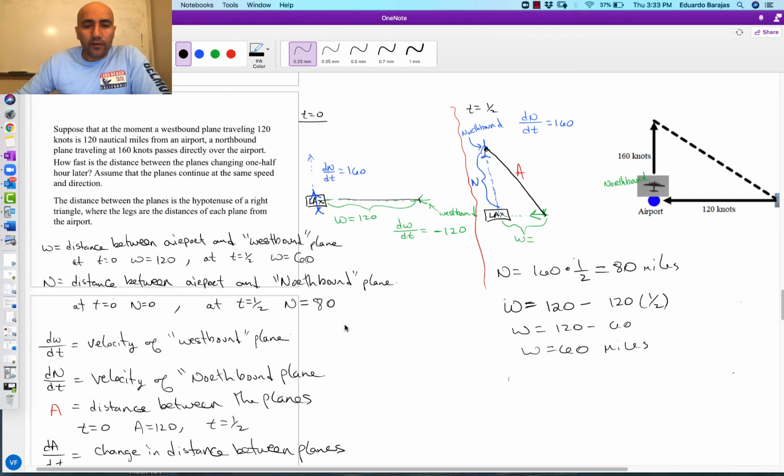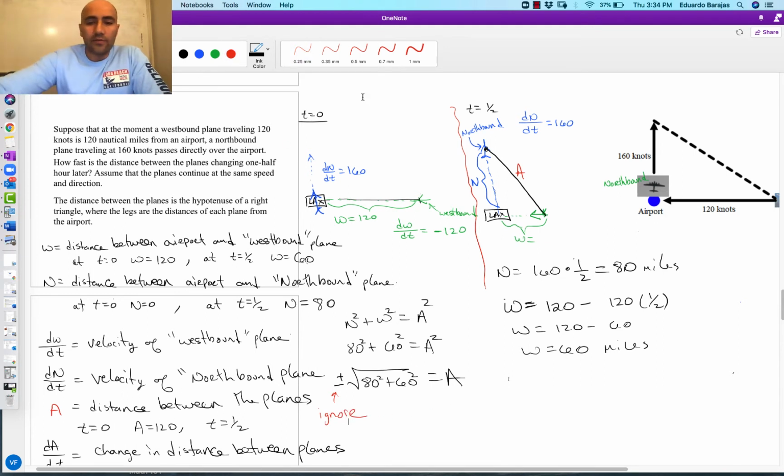We could use the Pythagorean theorem: n squared plus w squared equals a squared. And we already know that the value of n is equal to 80. So 80 squared plus 60 squared must be equal to a squared. So the square root, and it's plus or minus when we take the square root, of 80 squared plus 60 squared must be equal to a. And of course, we get to ignore the negative.